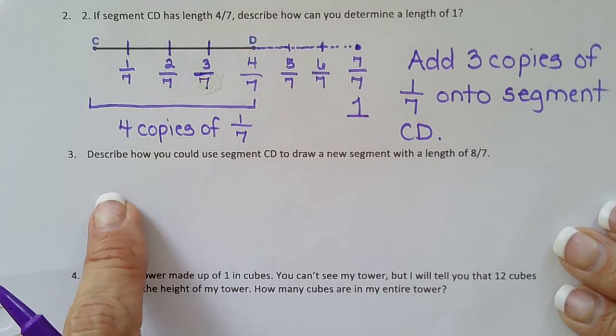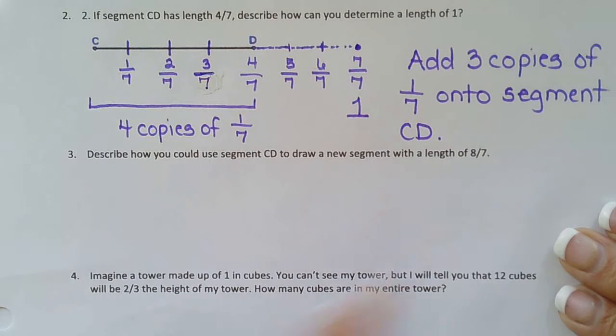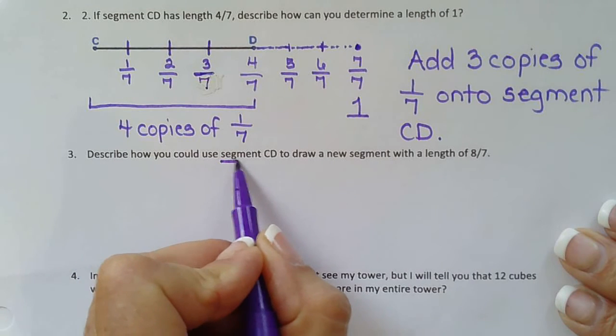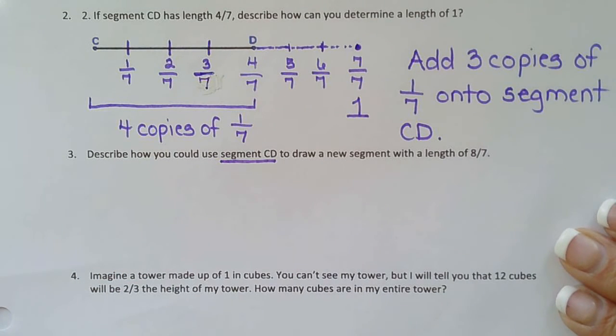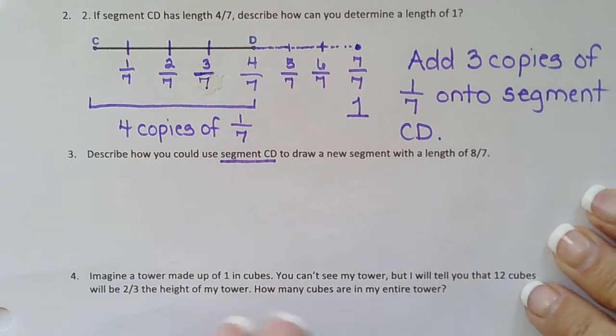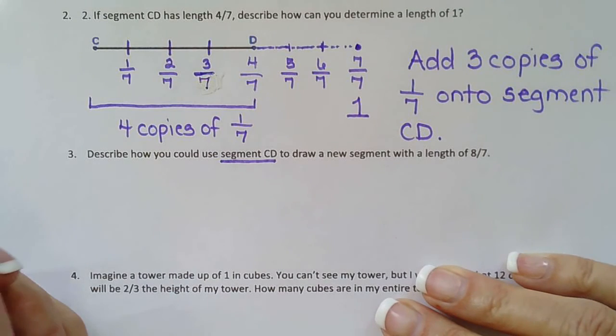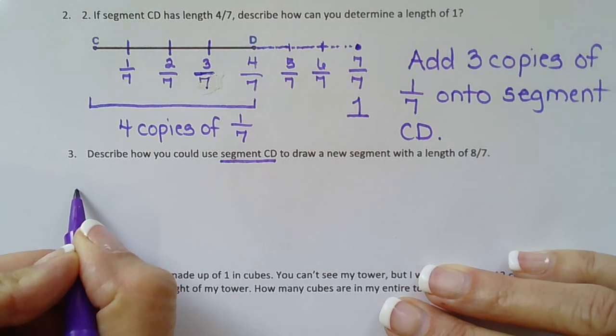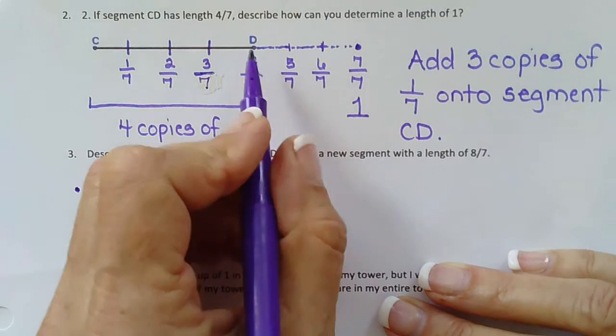Now they're asking us in the next one, what if we wanted to draw a length of 8 sevenths? Use segment CD, it says, to draw a new segment with length of 8 sevenths. So let's try to get this as close to CD as possible.